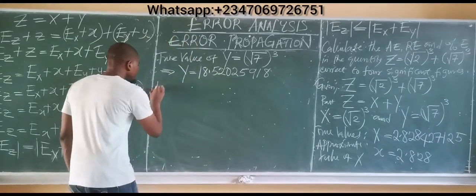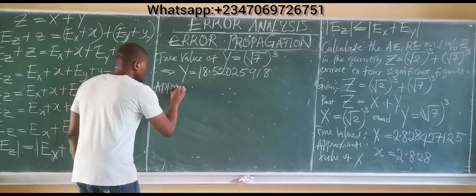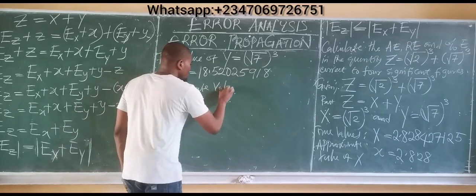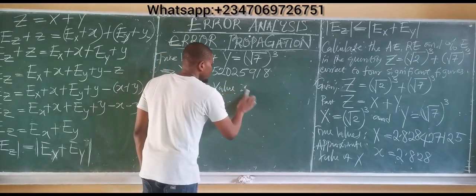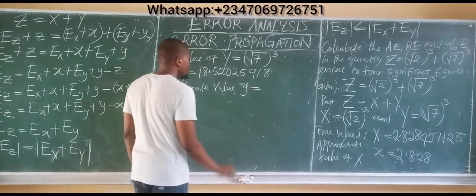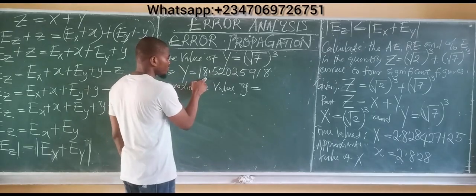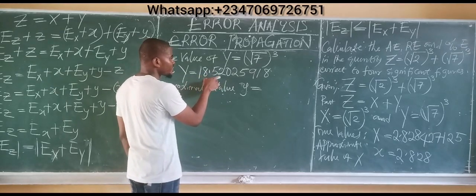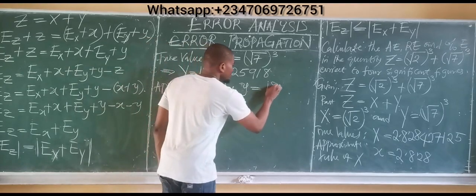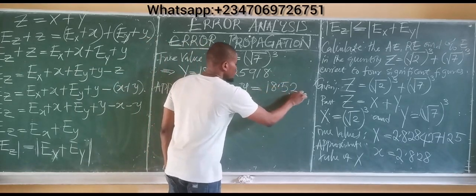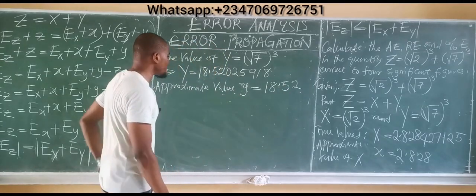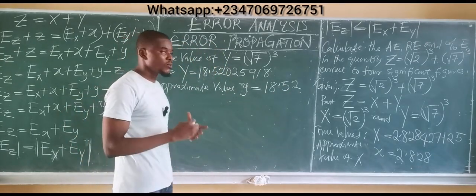Again, the approximate value, which is small y, is 18 already, which is 2 significant figures, so you have 1, 2, 3, 4, it ends in 52, which is 18.52. This gives us 4 significant figures. So this becomes the approximate value of y.